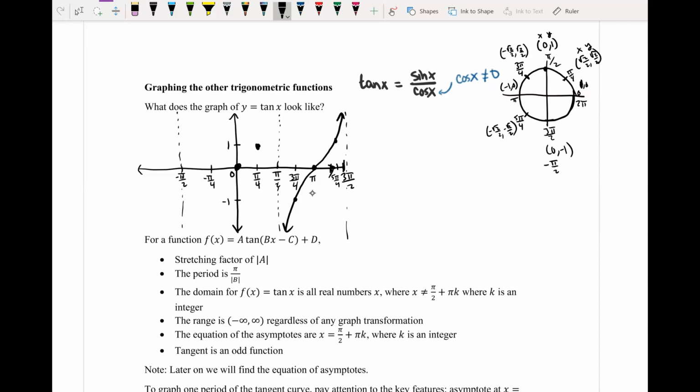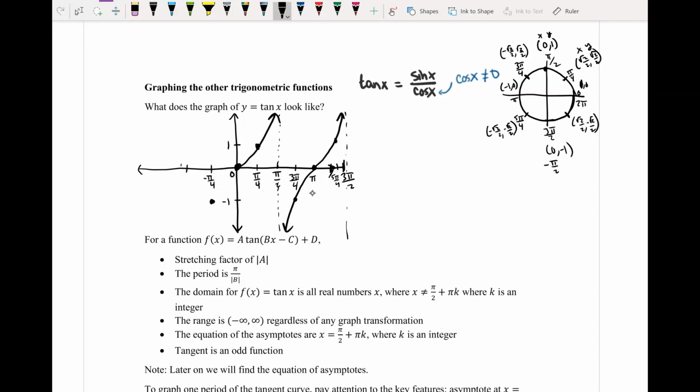Then if I look at negative pi over 4, which is equivalent to 7 pi over 4, you're going to get square root of 2 over 2, negative square root of 2 over 2. So that's going to be a negative. Again, you see this pattern. Oh, that looks so ugly. Let me see if I can make this a little nicer.